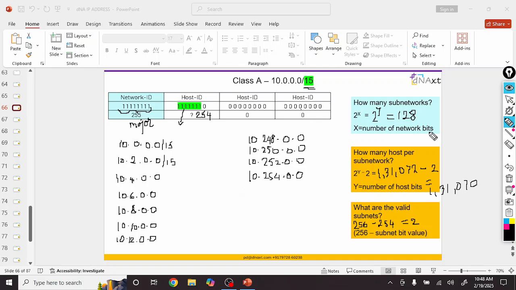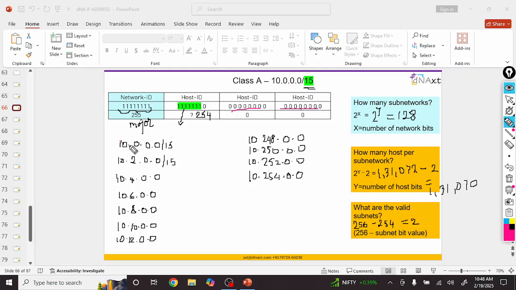Okay, let's write down their broadcast IDs. Here the broadcast ID will be 10.1.255.255. Since these are purely host octets, you can write 255.255 as their broadcast IDs.